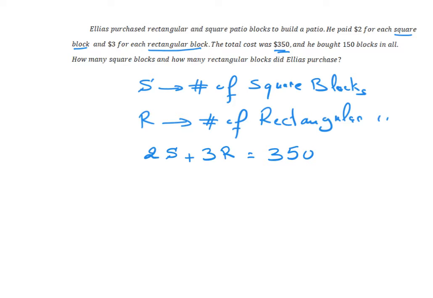So it's going to be $2 for S and $3 for R, and the total is going to be 350.